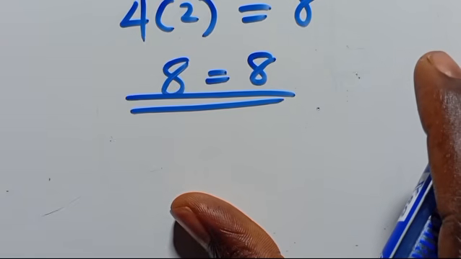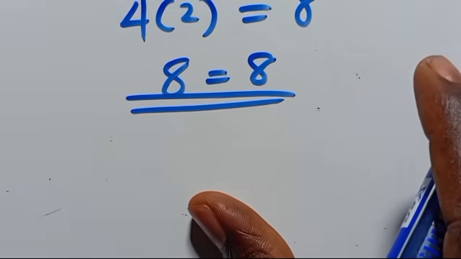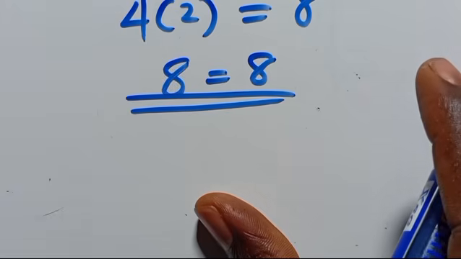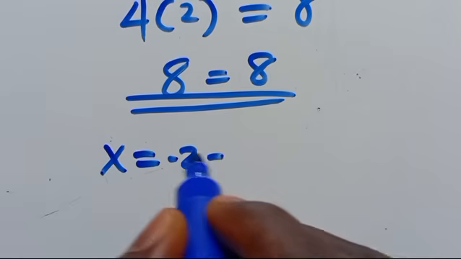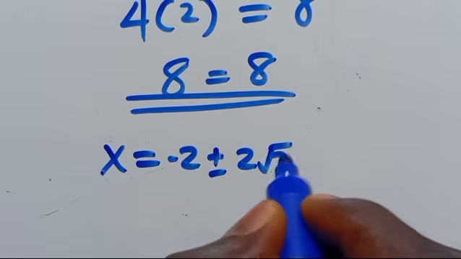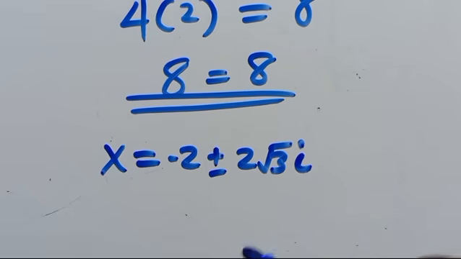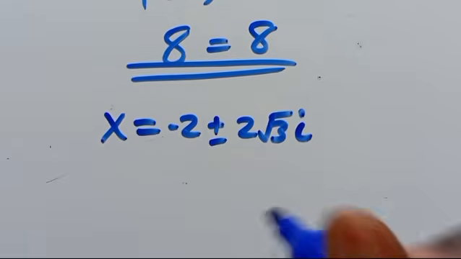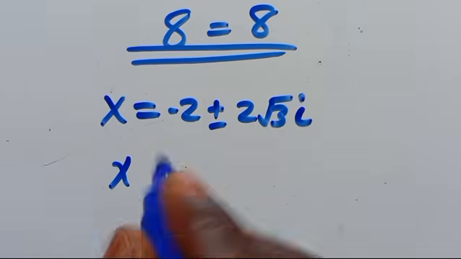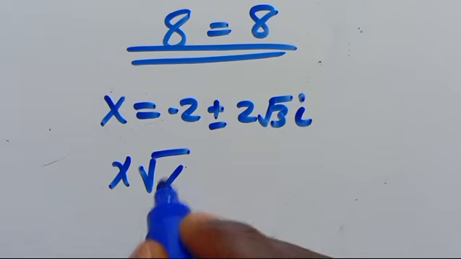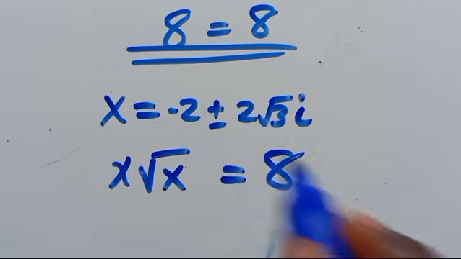So when we have this, we have the second x to be minus 2 positive or negative 2 multiplied by root 3i. So substitute here, we are going to have x times root x equals 8.